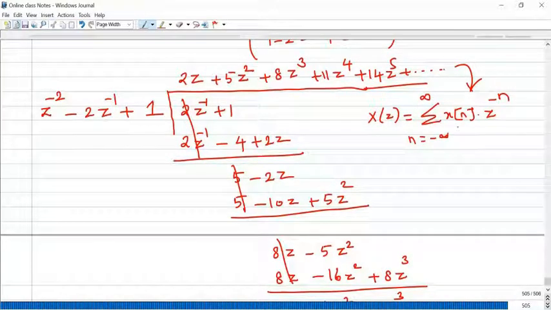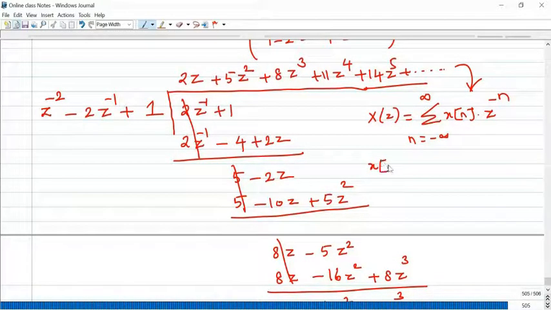So if you substitute n equal to 0, x of 0 is the z power 0 term, the constant. The z term is there, meaning n equal to minus 1. This is x of minus 1. The z square coefficient is x of minus 2. The z cube coefficient is x of minus 3, x of minus 4 and so on.